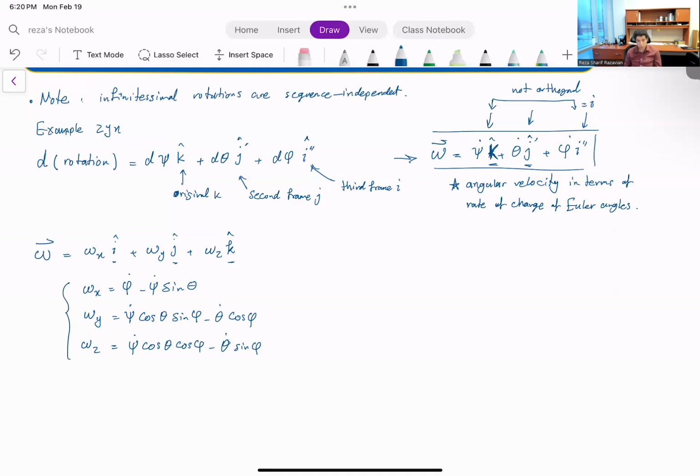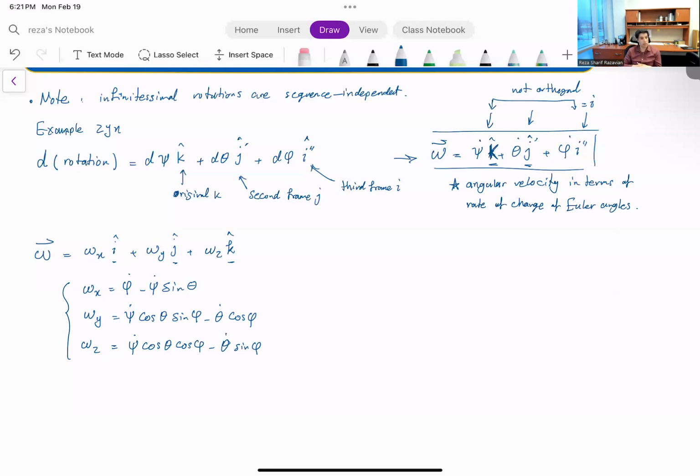So if I know the rates at which I'm commanding my motors attached to these joints that are rotating around, phi dot, psi dot, and theta dot, I can calculate the components of angular velocity in the final frame that my body is at now. And this is usually what we like.